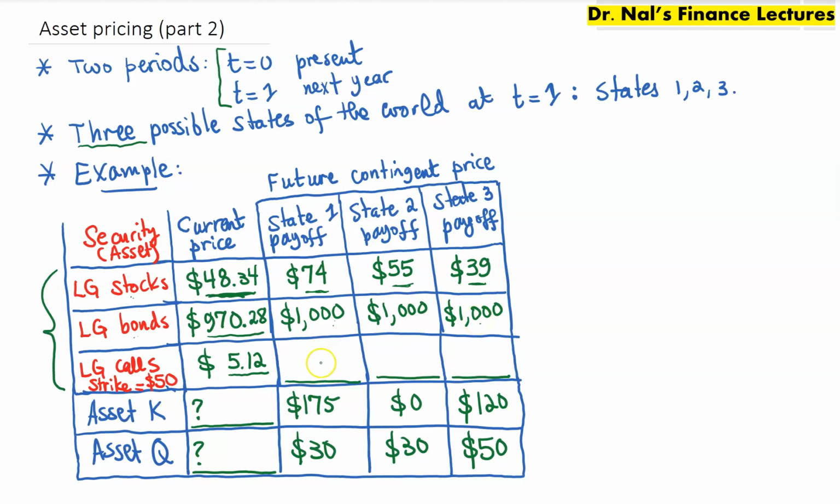I just left the case of call options blank here, the future states, and we can easily do it together because the strike price is $50, and the call option gives its purchaser the right, not the obligation, to purchase the stock at $50 a year later. So if a year later state 1 materializes and the underlying stock is trading at $74, then we want to exercise our right to purchase the stock at $50.